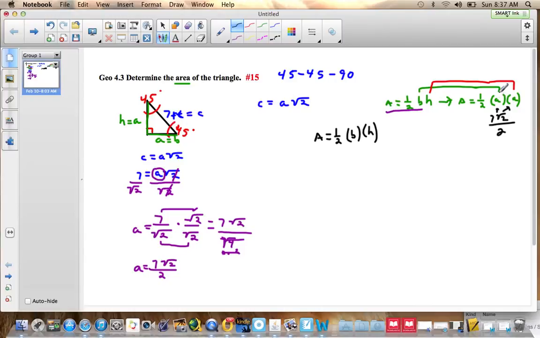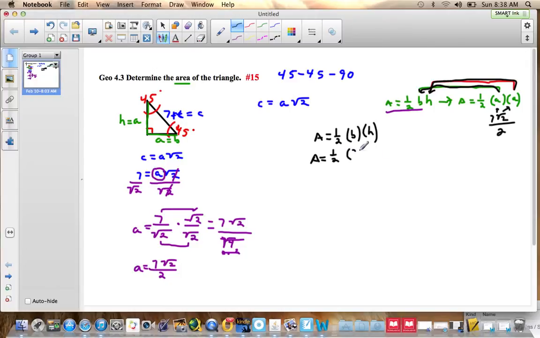So then I can take that and I'm going to plug this in for B, and I'm going to plug the other one in for H. And with that, I now say A equals 1/2 times B, which is the same as A, which is 7 times square root of 2 over 2.